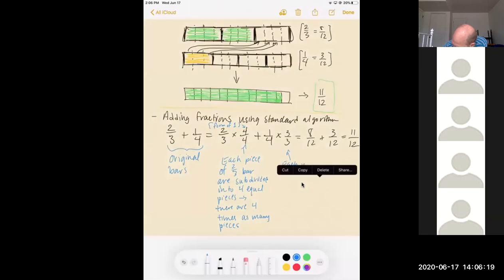So each piece of the 1/4 bar are subdivided into 3 equal pieces.